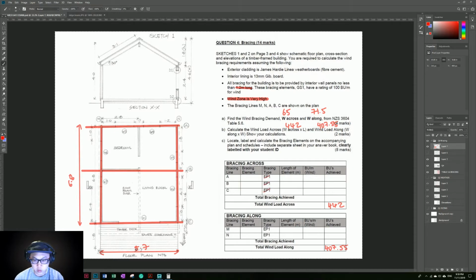I think all those ones should be labeled as GS1. So GS1, GS1, GS1, GS1, and 100 BUs. They're all going to be 100.